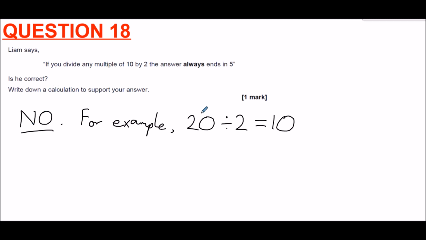So no, with a calculation to support you. You could have done literally an infinite number of calculations which would be valid. You could have done, for example, 100 divided by 2, which should be 50. But just show one calculation. Don't go wasting your time doing loads. So that would do here, that first line I've written down.